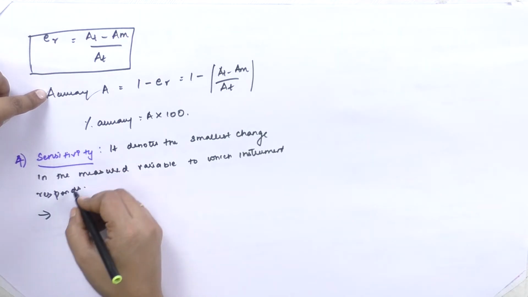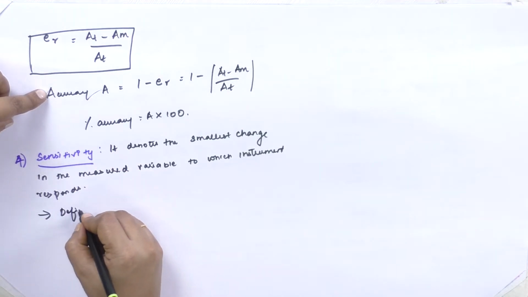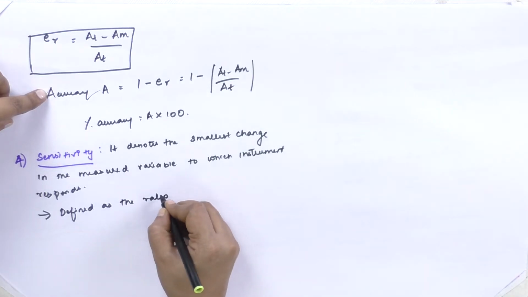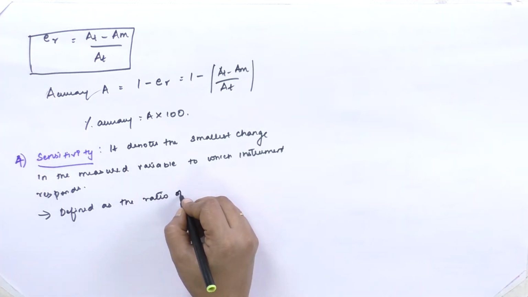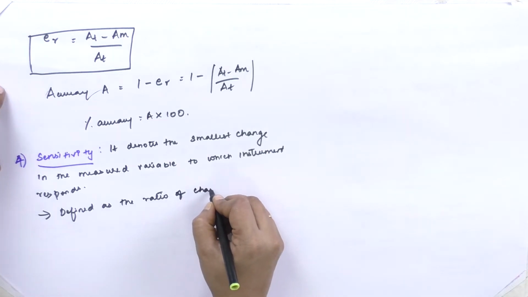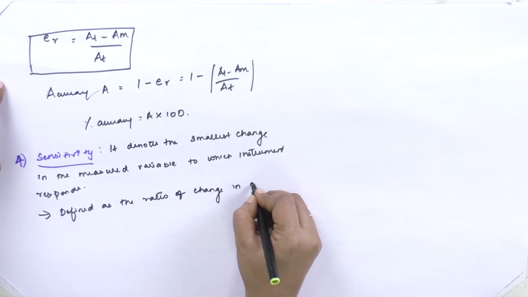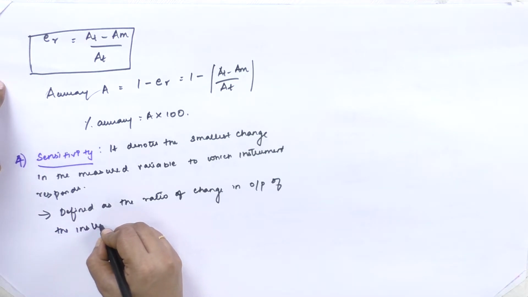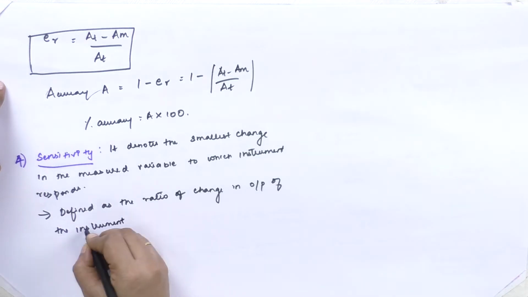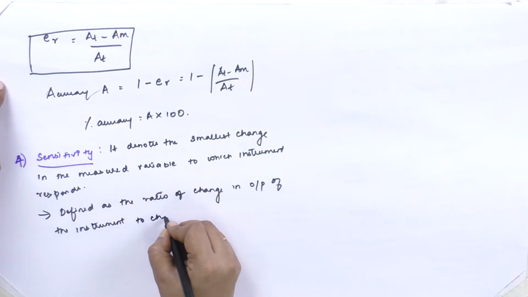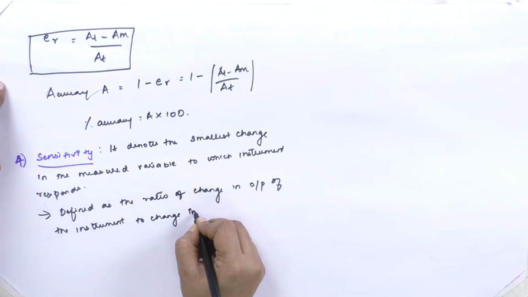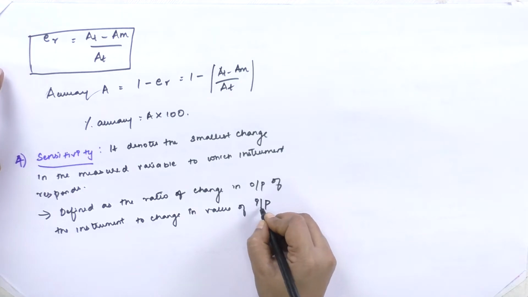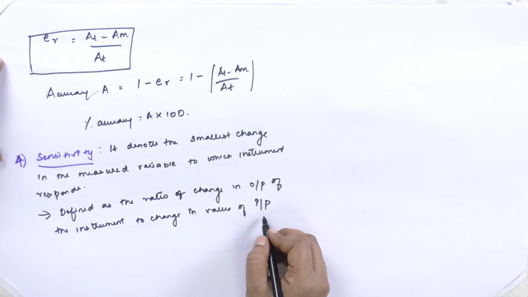Or you can define sensitivity as the ratio of change in output of the instrument to change in value of input. Input is nothing but the quantity to be measured.